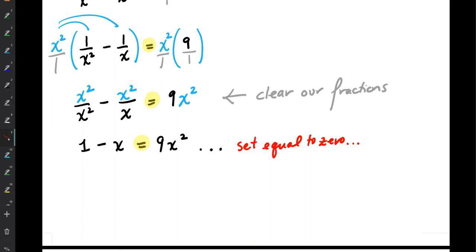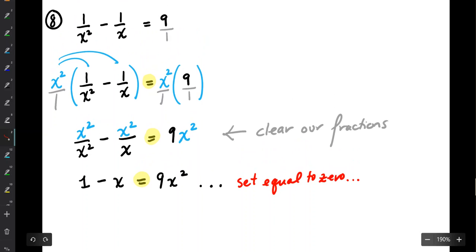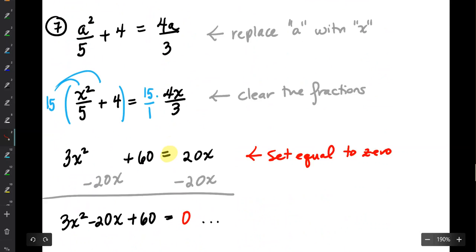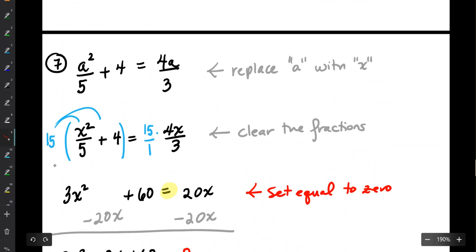Okay? Now, before I jump into 9, I did mention something about when I've been using my blue for clearing my fractions, I've always just put the parentheses around the entire equation. I didn't do it here though, I did it on both sides.